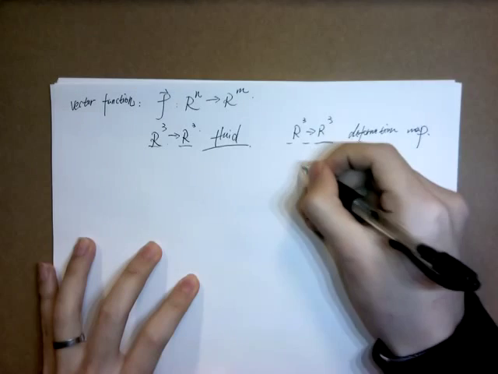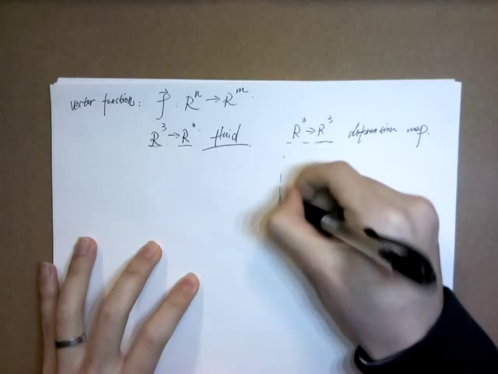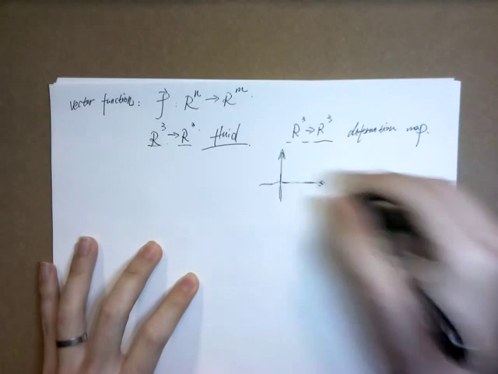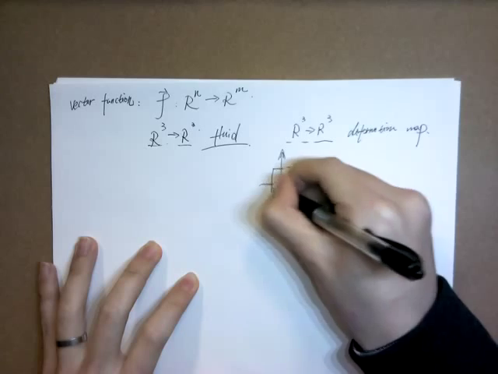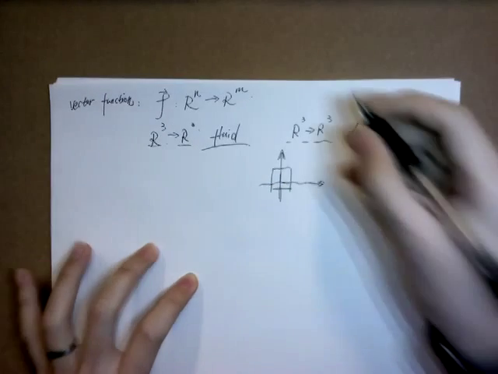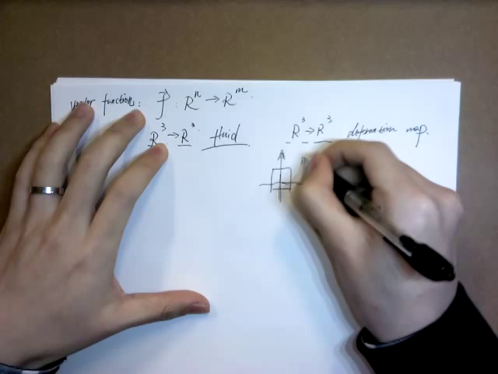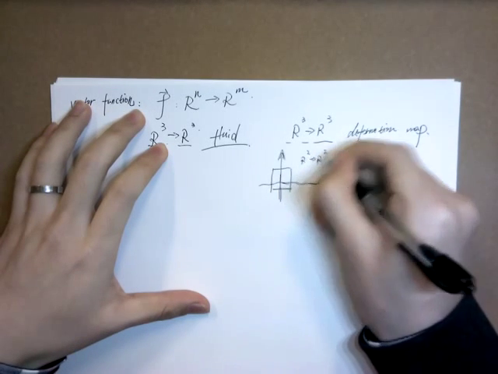So if I put a shape into this thing, I'm going to just draw it in 2D. So this is an R2 to R2 map.